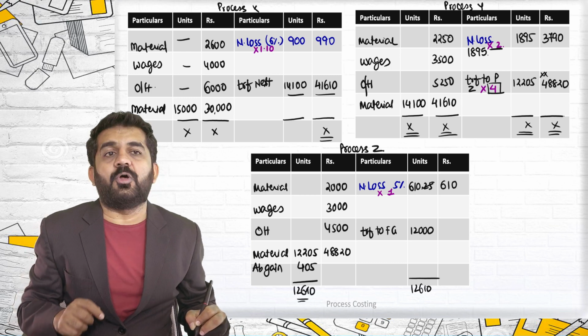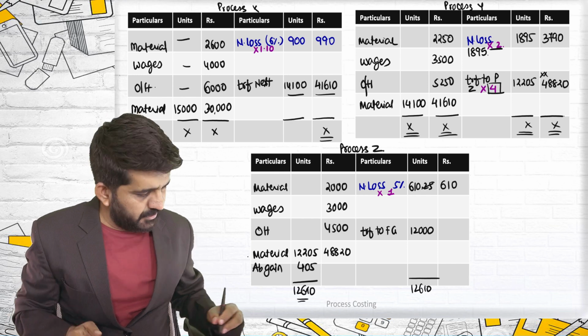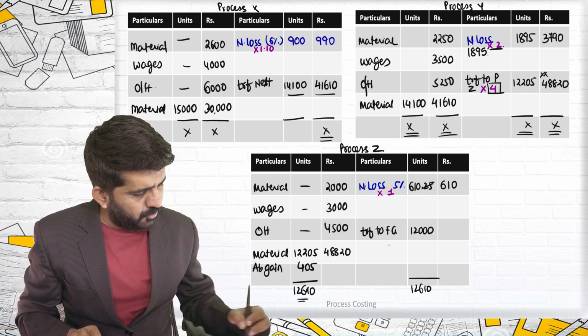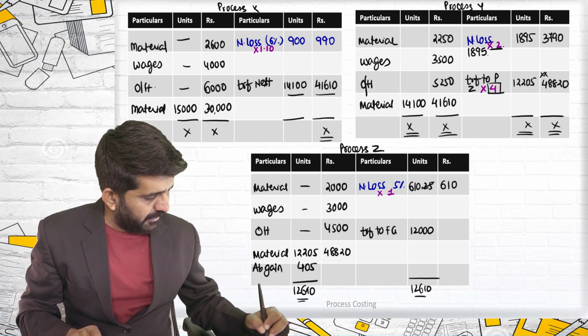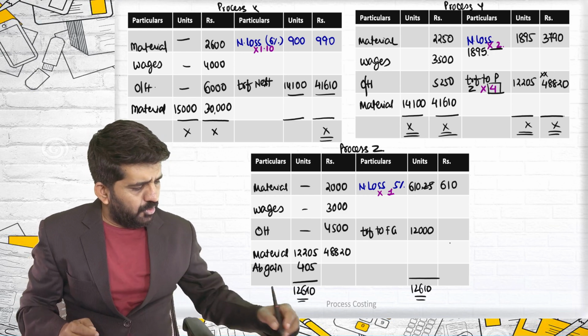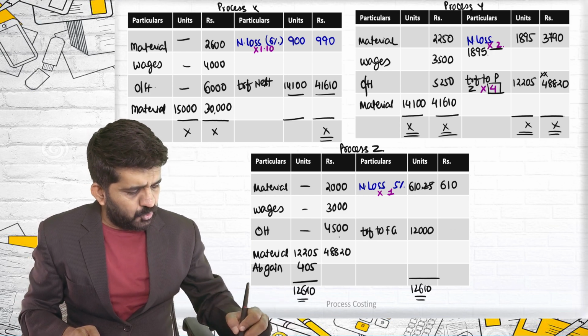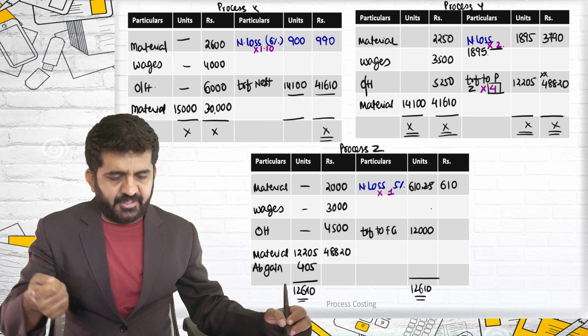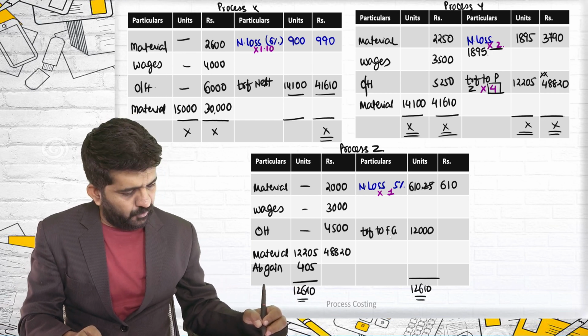My unit column will tally. What is the golden rule? Always tally the unit column first. Unit column is tallied, 12,610. Now the rupees column is very easy. This whole cost will be divided by normal output. I am finding out NCNO.